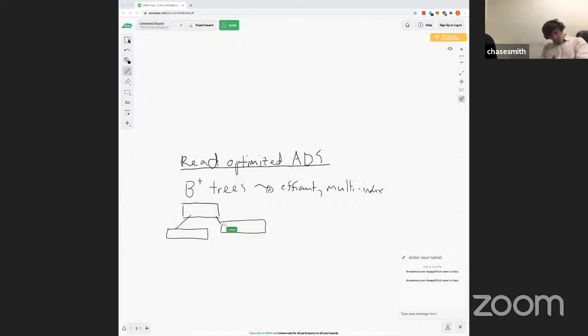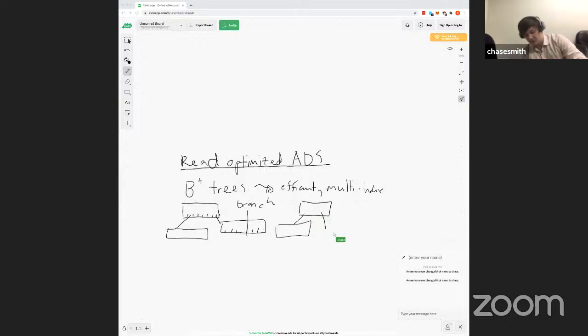So the way that a B+ tree is structured is it has a certain branching factor in each node. And as more values come into a node and it hits the limit on its branching factor, it actually divides these nodes and splits them.